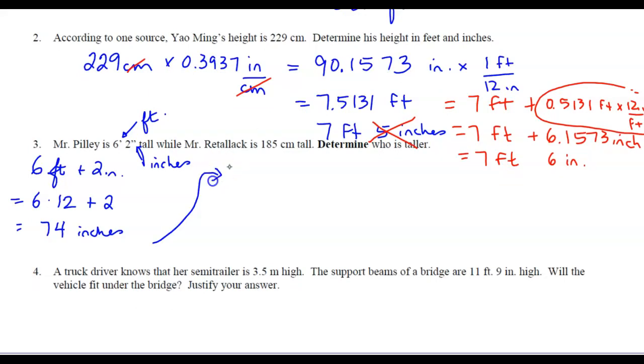Okay, so 74 inches times 2.54 centimeters in an inch is 187.96 centimeters.